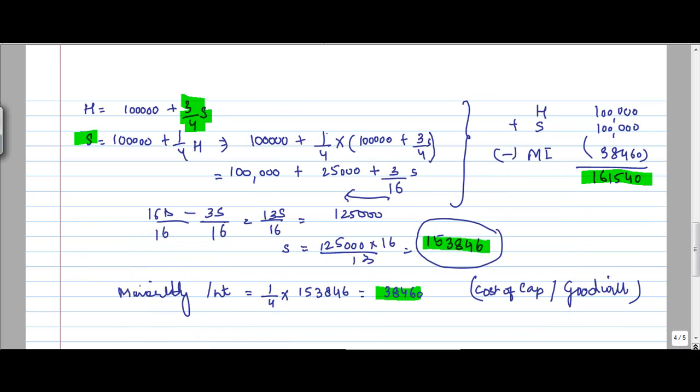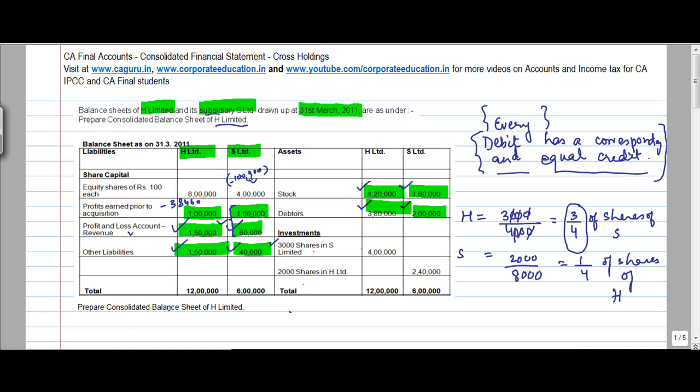Okay, let's go to this new devil called the cost of capital or goodwill. Now, goodwill is basically what I have invested less what I received. So if you see, my investment was for 3,000 shares, 4 lakh rupees. Invested 4 lakh. What did I get?